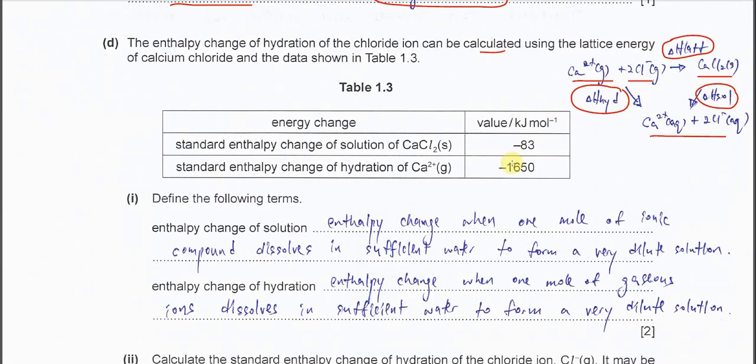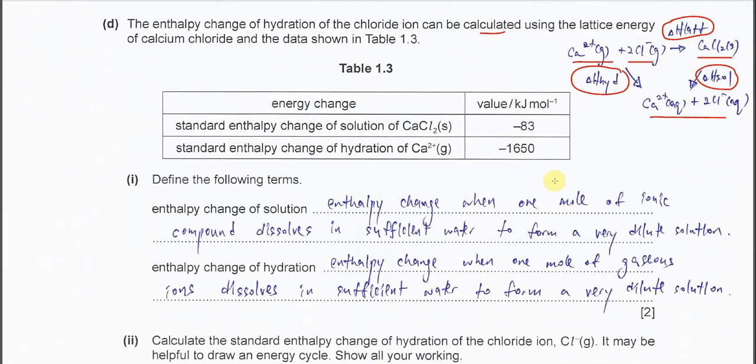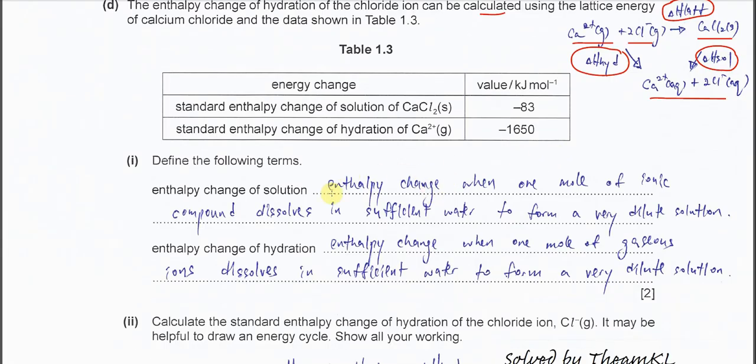Okay, now before we move on to the calculation, let's look at the definitions. These two definitions are very easy and quite similar. Define the following terms: enthalpy change of solution. It's the enthalpy change when 1 mole of ionic solid or ionic compound dissolves in sufficient water to form a very dilute solution.